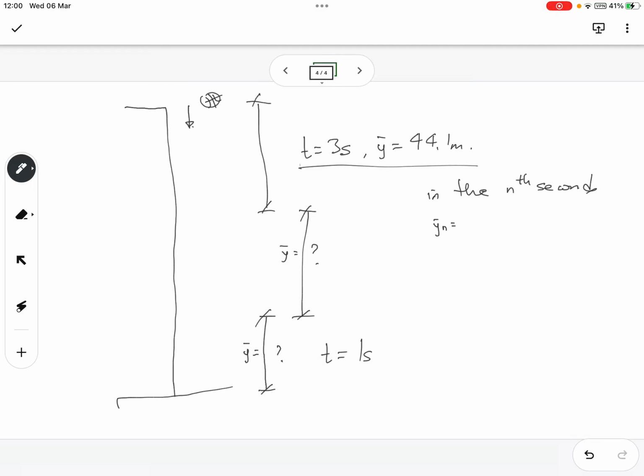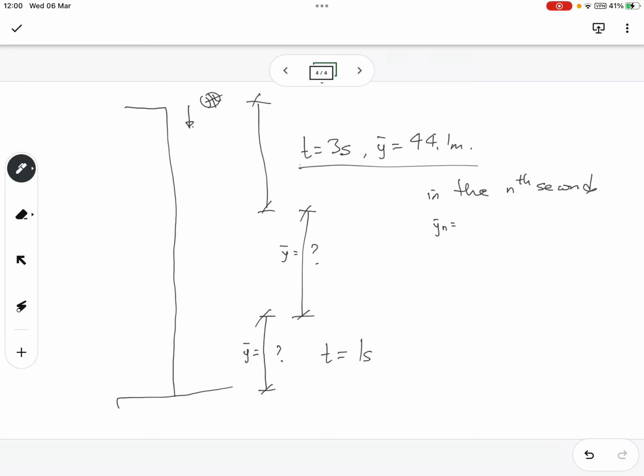Okay? Because in the nth second, if that is t, then that must also be ut, and that t must be multiplied by that, and we should have a square there.